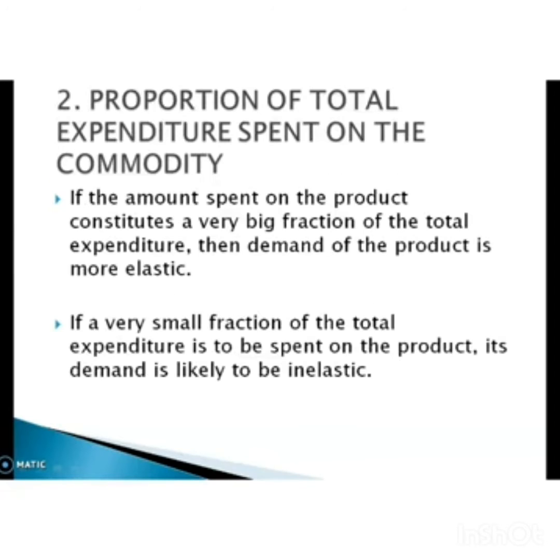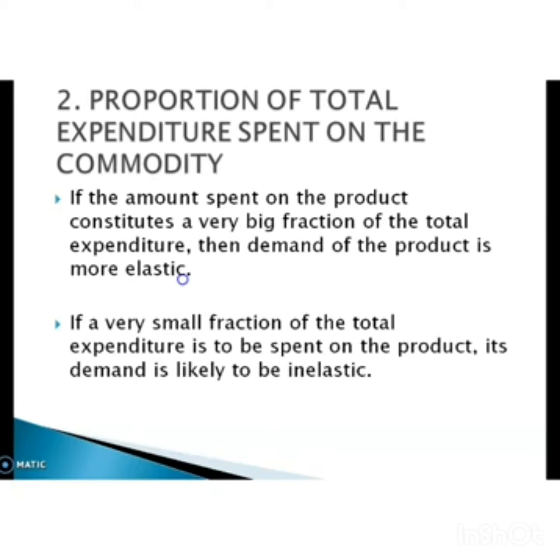Then the second factor is proportion of total expenditure spent on the commodity. Here also there are two situations. If the amount spent on the product constitutes a very big fraction of the total expenditure, then the demand for the product is more elastic. Which means the price elasticity of demand for a good depends upon the proportion of income spent on a commodity.